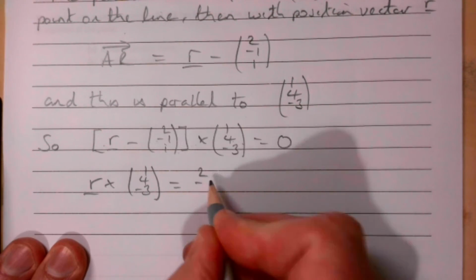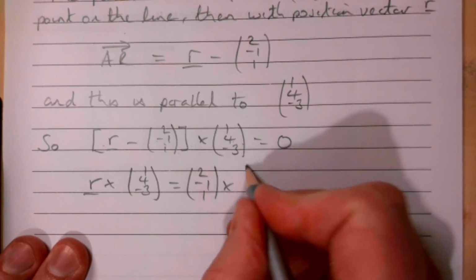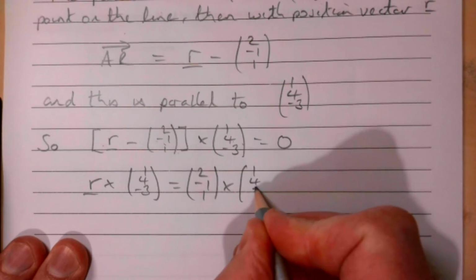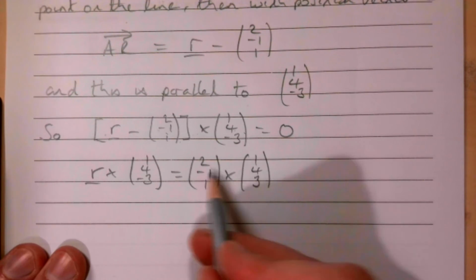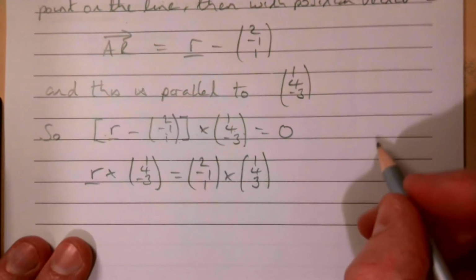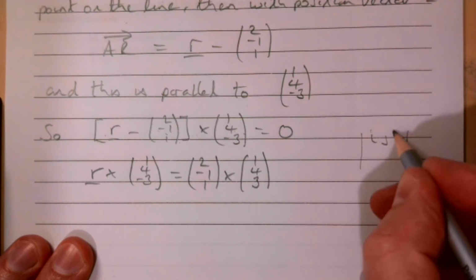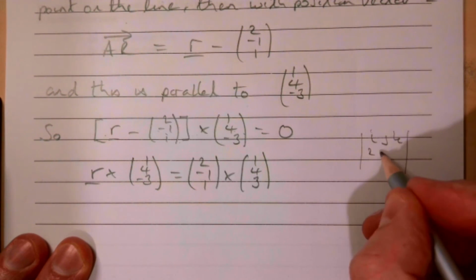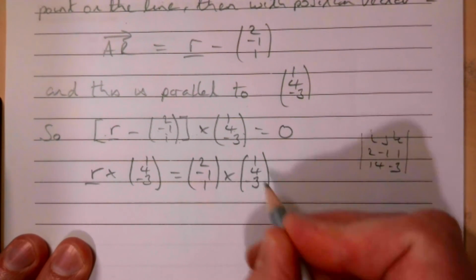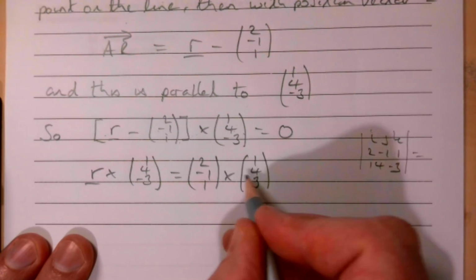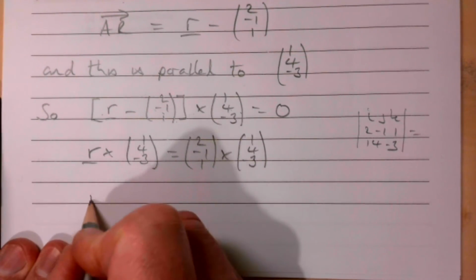So that's (2, -1, 1) cross (1, 4, -3). If we do the cross product for this, how do we do that again? Not quite going to do it here, but it's going to be i, j, k, 2, -1, 1, 1, 4, it's minus 3 I think, isn't it? And then what that gives us is (-1, 7, 9). You can take my word for it.